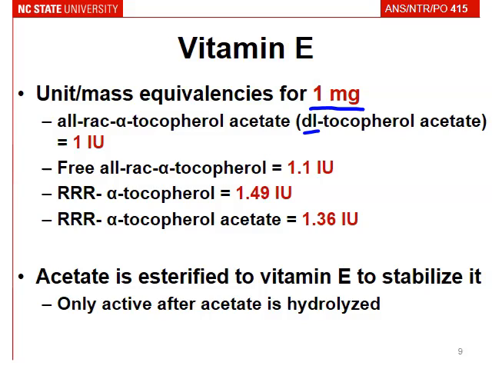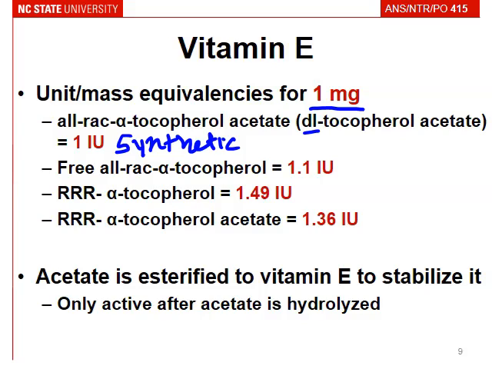So we haven't cleared that all out, so we have all-rac alpha tocopherol. This is our synthetic. This became our standard because of the ability of the rat to utilize it.